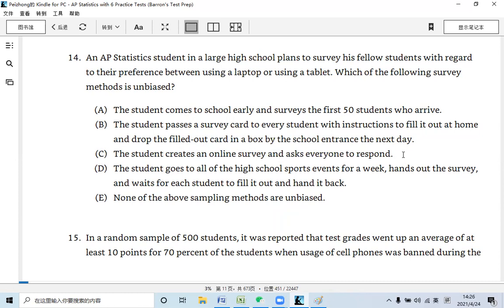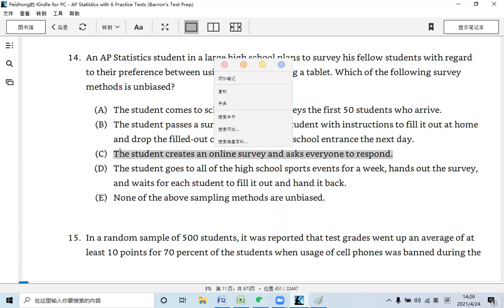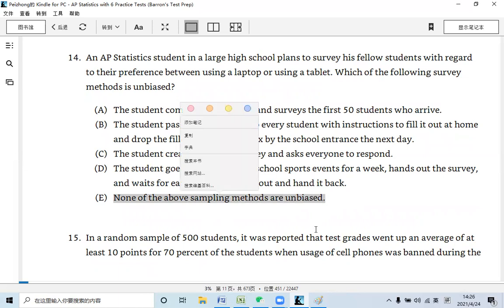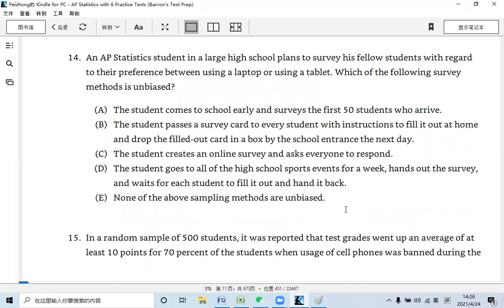This would be a voluntary response sample. Voluntary response samples are not really good. D, the student goes to all of the high school sports events for a week and hands out the survey. And this is biased. So the good answer is E, none of the sampling methods was unbiased. All of them are biased.